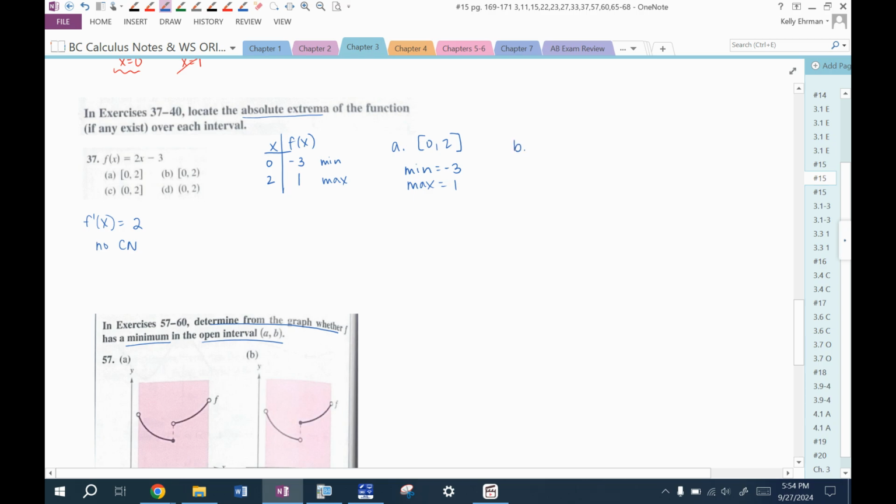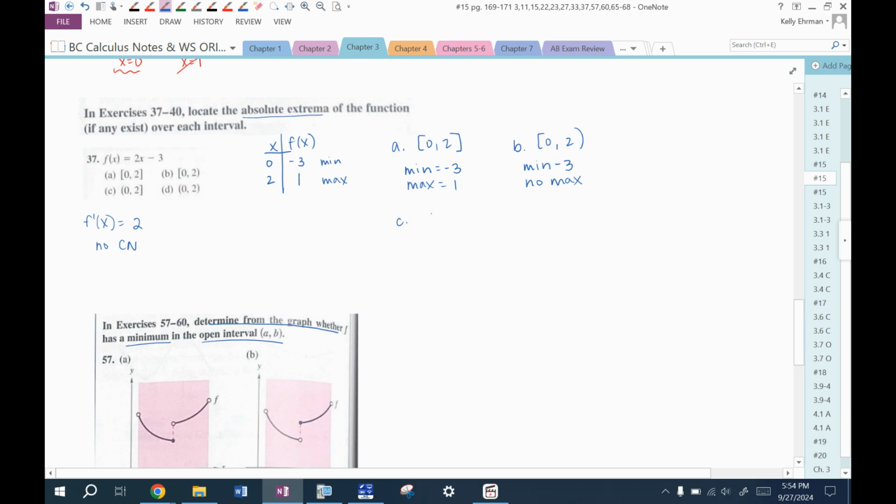And if we look at part B, now we're only including 0, but we're not including 2. There's an open circle at 2, 1. So there's still a minimum, negative 3, but there is no maximum because the maximum would have been at 2, and we're not including that point.